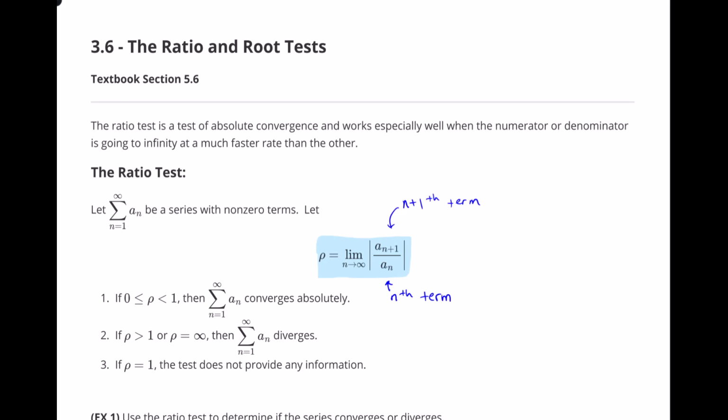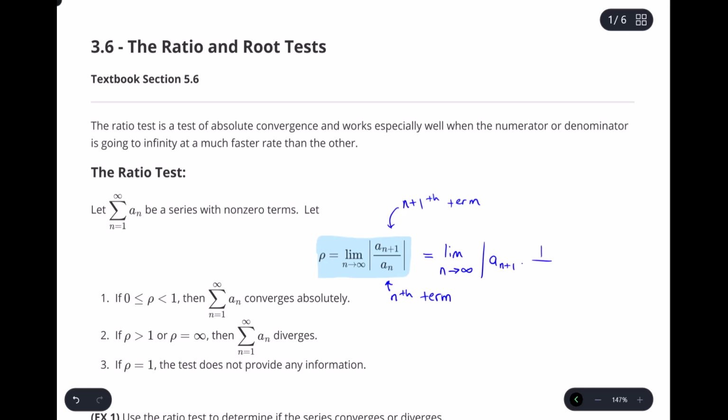Now, a lot of times when I work through this limit, I start the limit by working it out as, say, a sub n plus 1 times 1 over a sub n, and then just go ahead and invert the second fraction, because that's usually the first step in the process anyway. I'll show you through examples what I mean there.